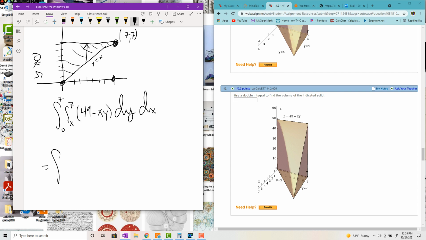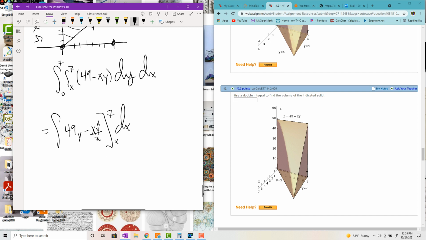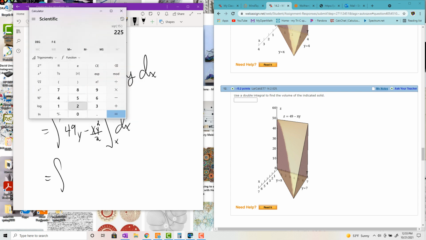So we have the integral of, with respect to y, 49y minus xy squared over 2 from x to 7 dx. So we have the integral, 7 cubed. It's like 243 maybe.